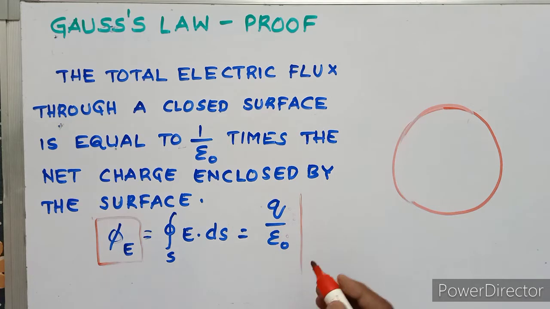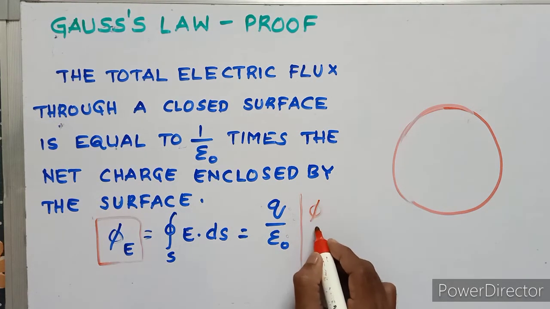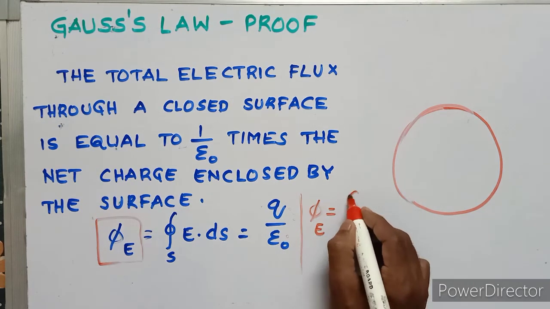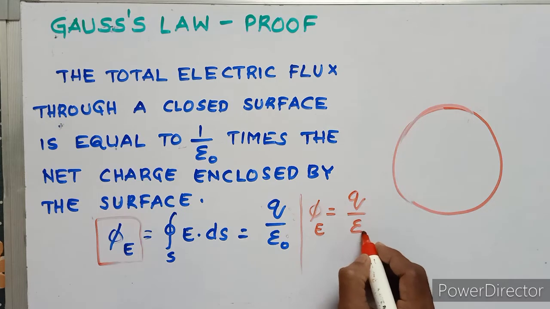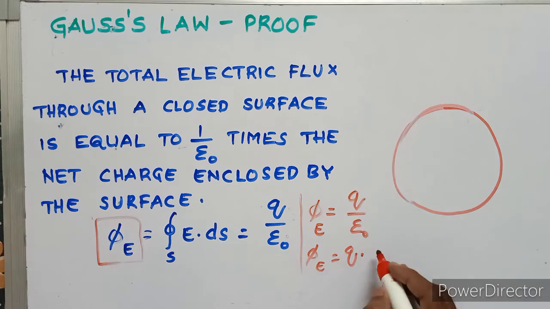So generally, Gauss's law is phi suffix e equals q upon epsilon naught. That means phi suffix e is equal to the net charge times 1 upon epsilon naught, the net charge enclosed by the surface. This is the statement of Gauss's law.